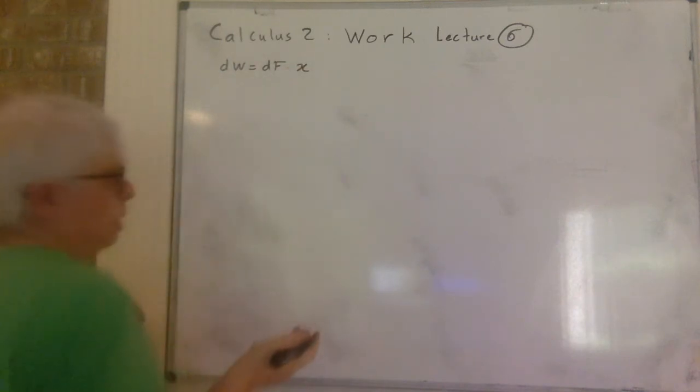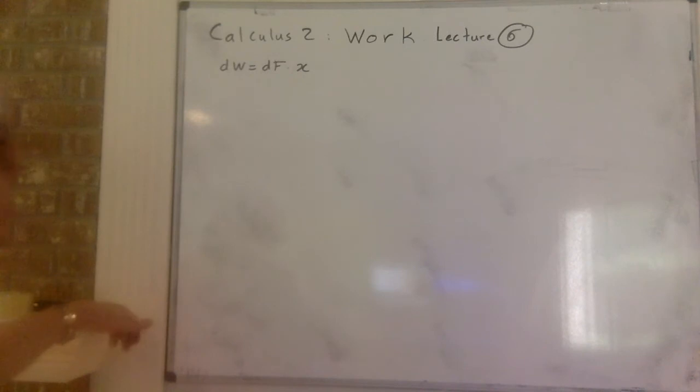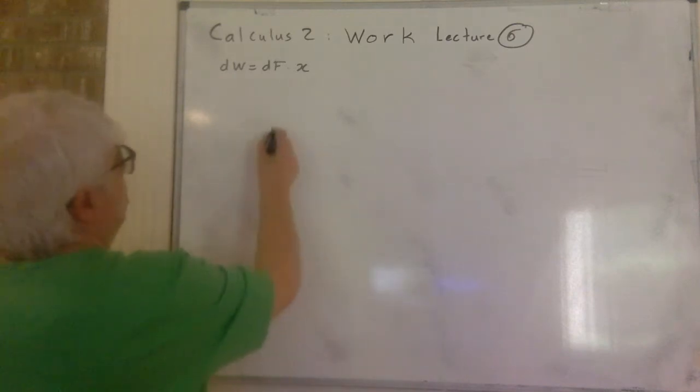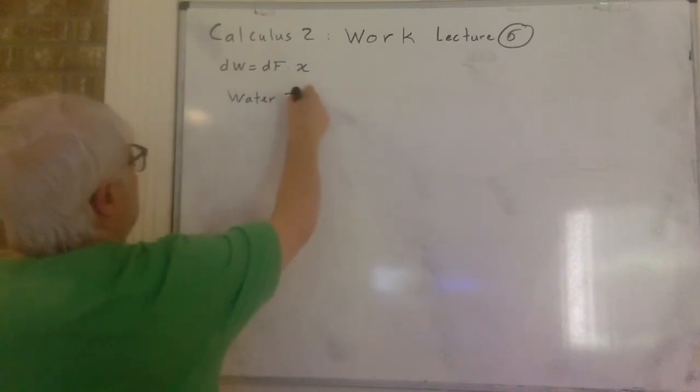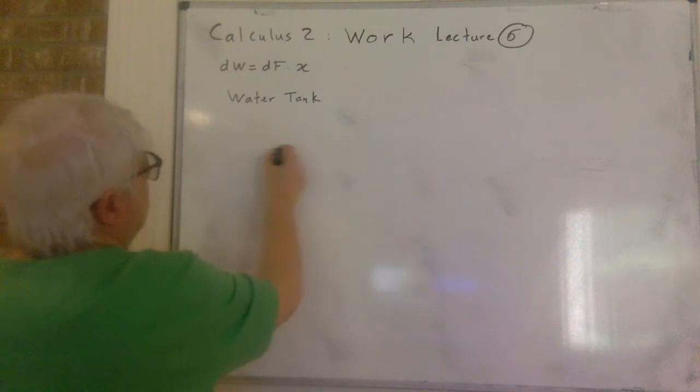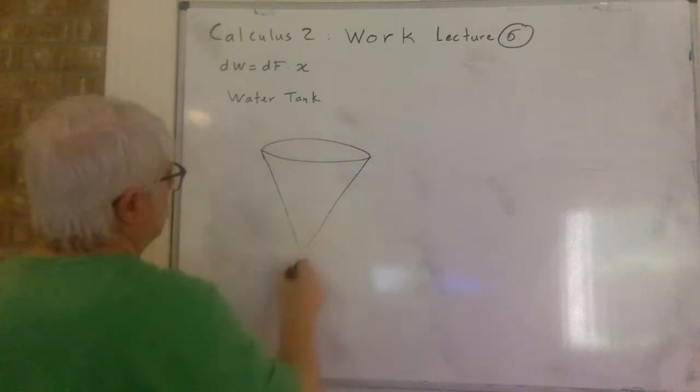Well, the best example is a water tank, which has a certain shape. It can be cylindrical, or it can be a cone. So let's say we have a water tank of this shape, an inverted cone.